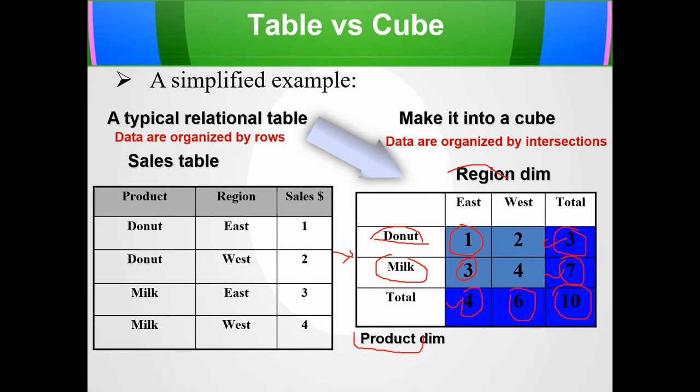This is the total sale of both products in the East region, right? Then here again the total sale of the donut product in the West region is 2. For the milk product it is 4, and total sale in the West region is 6, right? So this is the total of East and West region for the donut product.